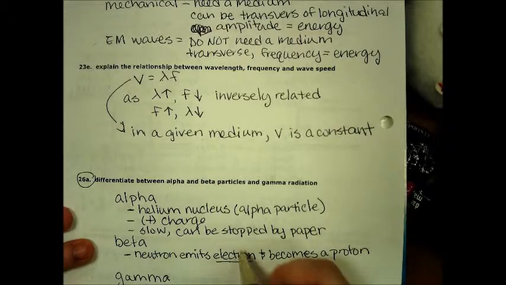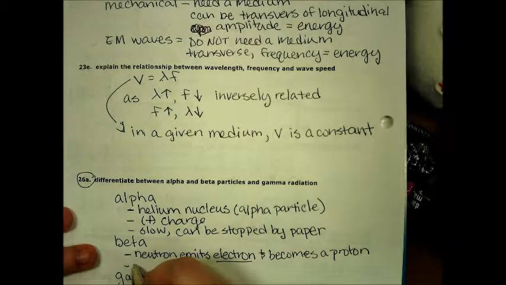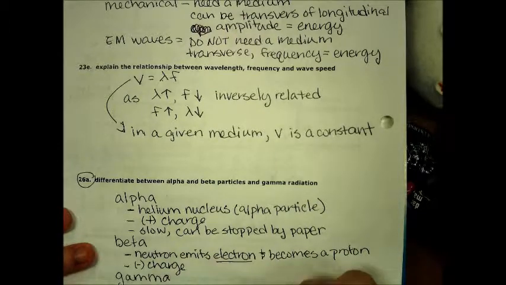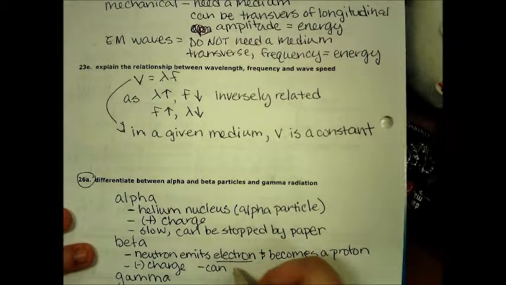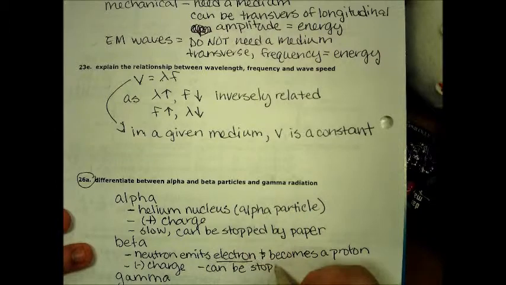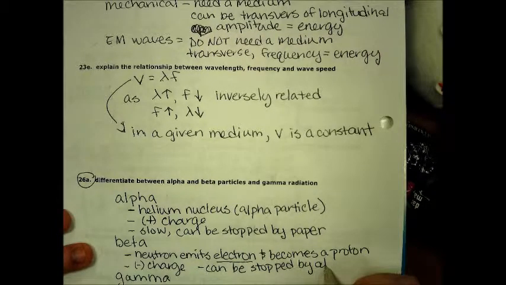The electron is what we refer to as the beta particle. It has a negative charge. It can be stopped by aluminum. I can never spell aluminum.